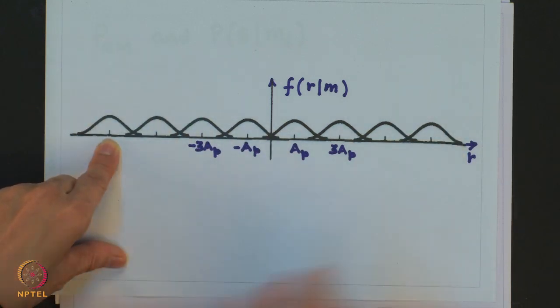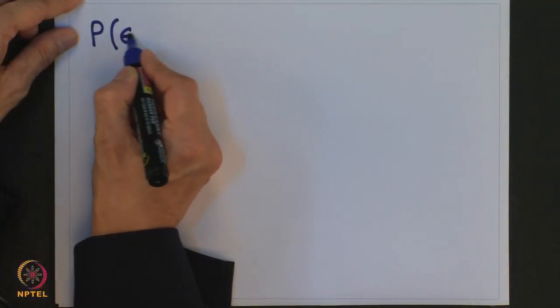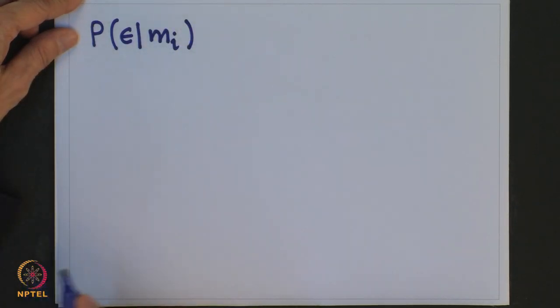Okay. So, using this fact, let us try to calculate the probability of symbol error. Before we do that, let us calculate the conditional probability of error given a message M-ary.